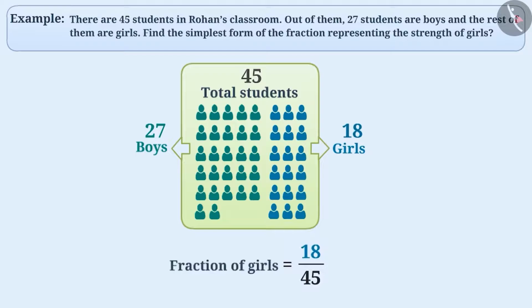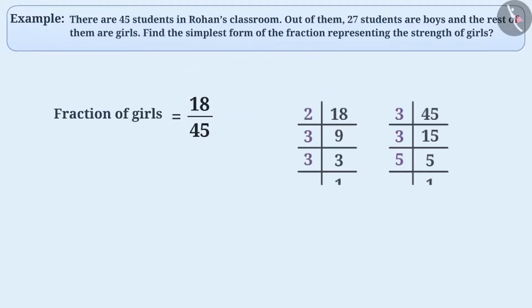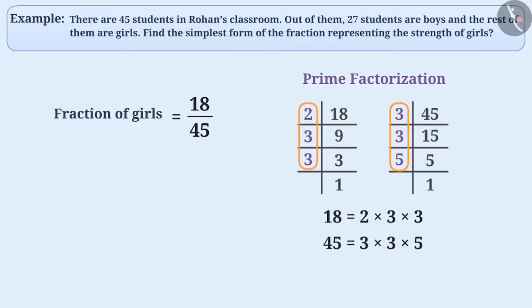To represent this in simplest form, first, we will do the prime factorization of 18 and 45. Then, we represent the factors of 18 and factors of 45 like this. Can you tell what will be the HCF of this? Absolutely right. The common factors of both are 3 into 3.